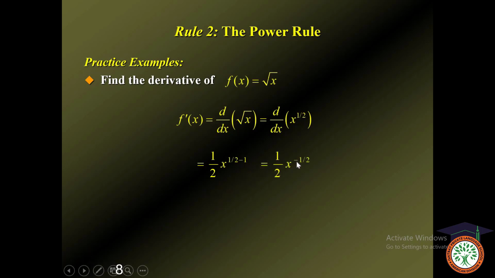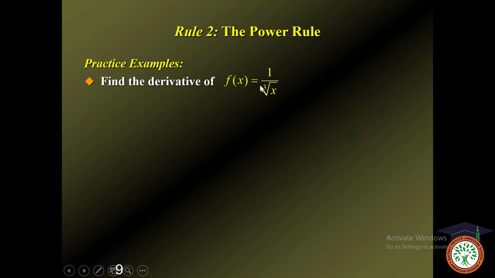So it's half x to the power negative half. Half minus 1 is negative half. If the exponent is negative, we need to flip the x. Suppose now x over 1, we flip, so it becomes 1 over x to the power half, or 1 over square root of x.